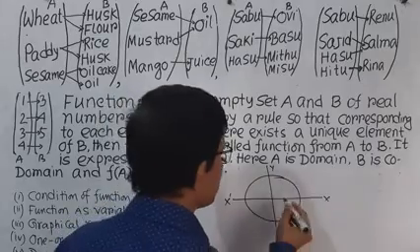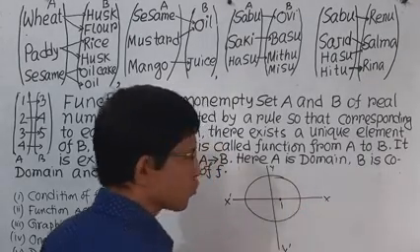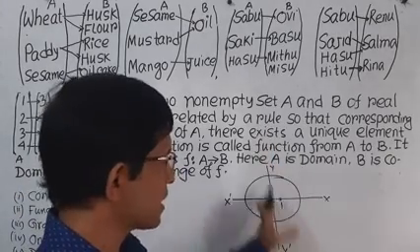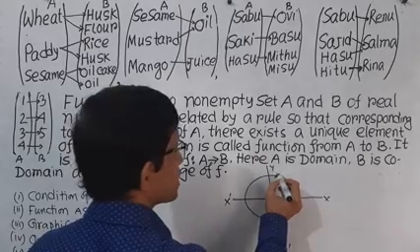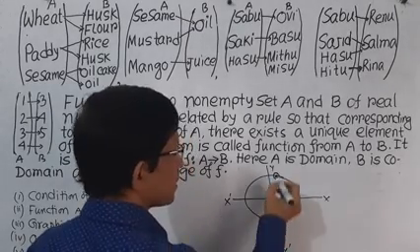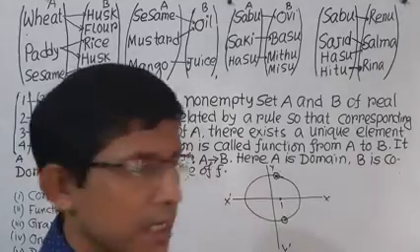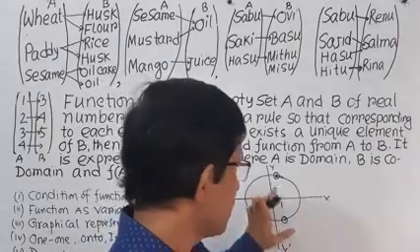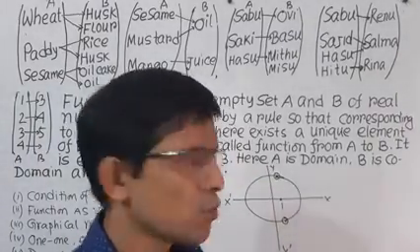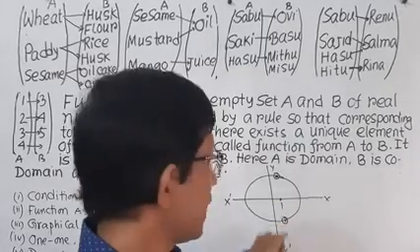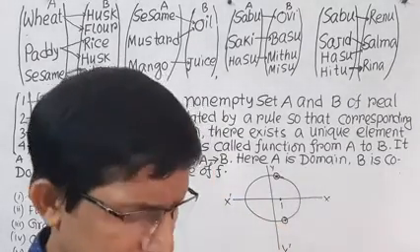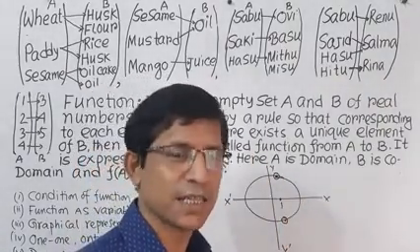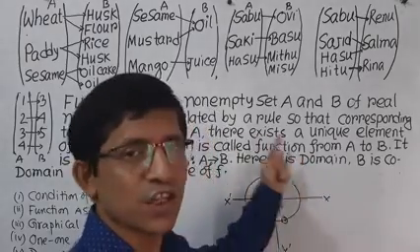If you take any value on the x-axis, suppose 1, then along the line parallel to the y-axis, you will get two values of y, here the first value and here the second value. You input one value of x, but you get two values of y. So according to the definition of a function, this relation is not a function.